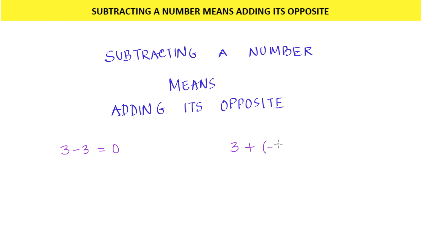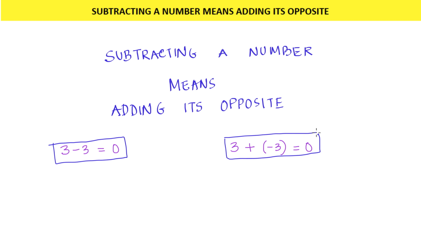If you add 3 and negative 3, it gives you 0. Both of these equal 0. What does that mean? That means that they are equal to each other. That means 3 minus 3 is equal to 3 plus negative 3.